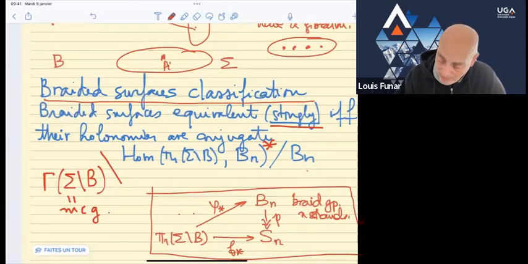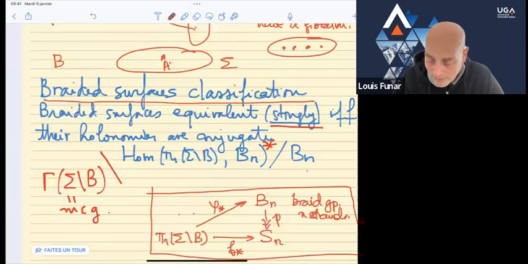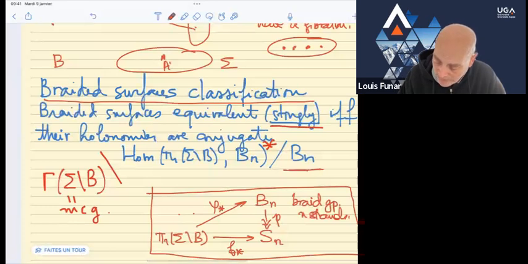So again, we have the action, because we need it in order to define a homomorphism from pi1 of sigma minus B into Bn. We needed to fix a base point. Now changing the base point amounts to conjugating by an element of the braid group. So here is the action by conjugacy.